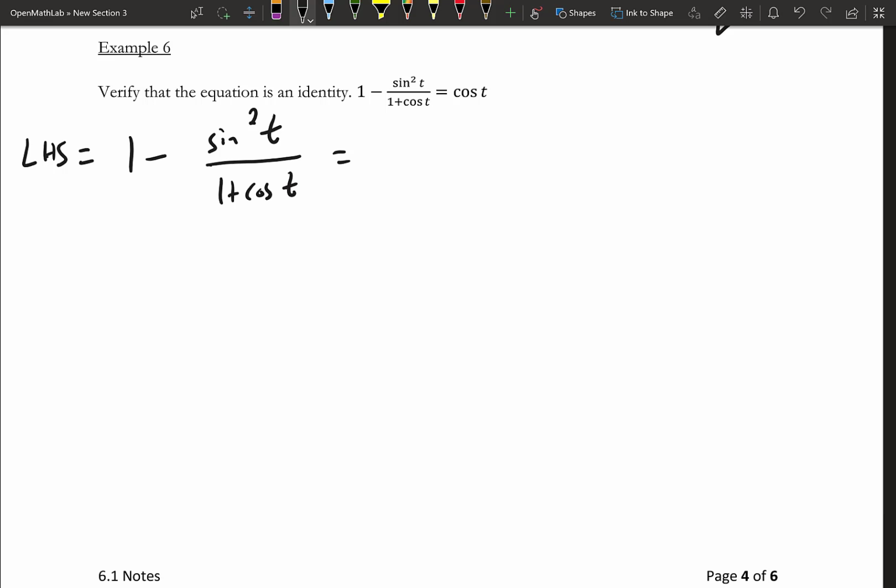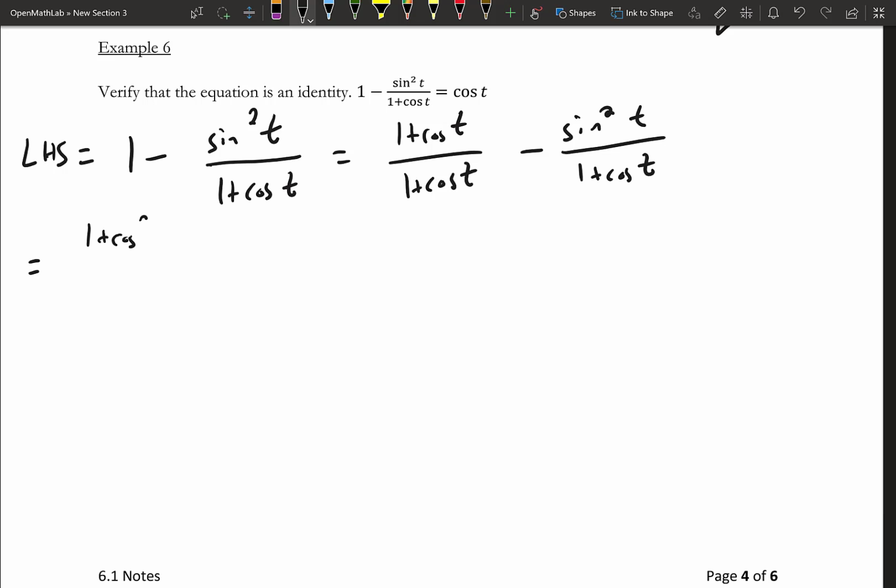This would be the same thing as 1 plus cosine t over 1 plus cosine t. I'm just rewriting 1 with the same denominator. This would be minus sine squared t all over 1 plus cosine t. And so this equals 1 plus cosine squared t minus sine squared t all over 1 plus cosine t.